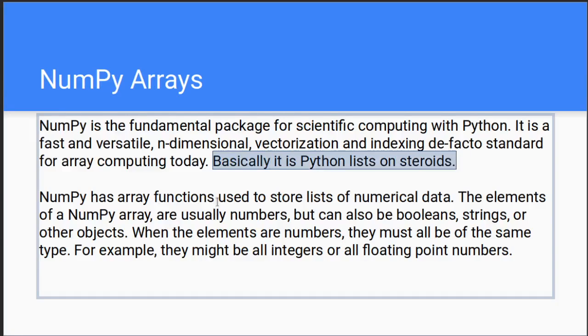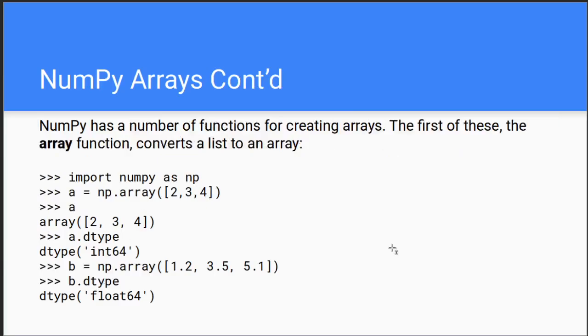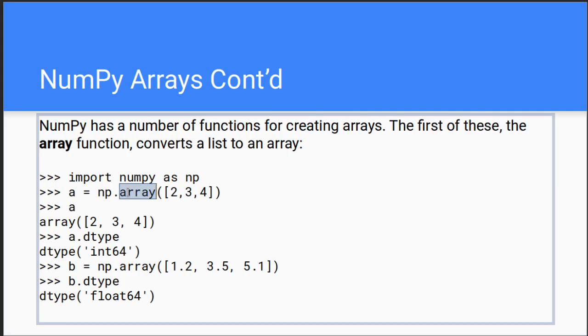NumPy has array functions used to store lists of numerical data. The elements of NumPy are usually numbers, but can also be Booleans, strings, or other objects. When the elements are numbers, they must all be the same type. They must all be integers or floats. So there's a number of functions for creating arrays. The first one is to use the array function.